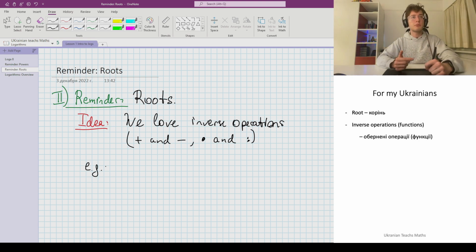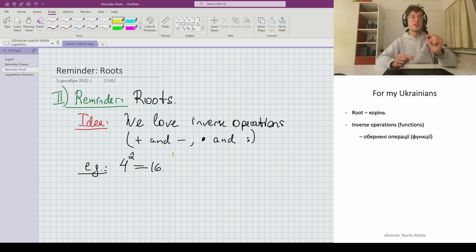To do an example, let's say we have a simple power, 4 raised to the 2 equals 16. I'm giving you two numbers, the base number 4 and the index 2, and from these two numbers you can get the result 16.